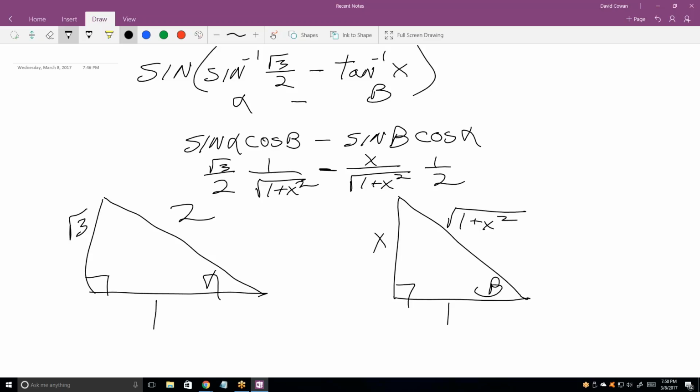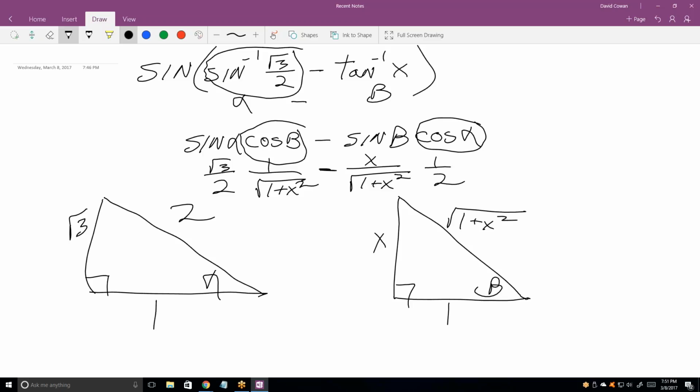The only reason we need to draw these triangles is because we don't know the cosine of beta or the cosine of alpha. In other words, we know what the sine of alpha is, it's root 3 over 2. I didn't need to draw the triangles to know that.